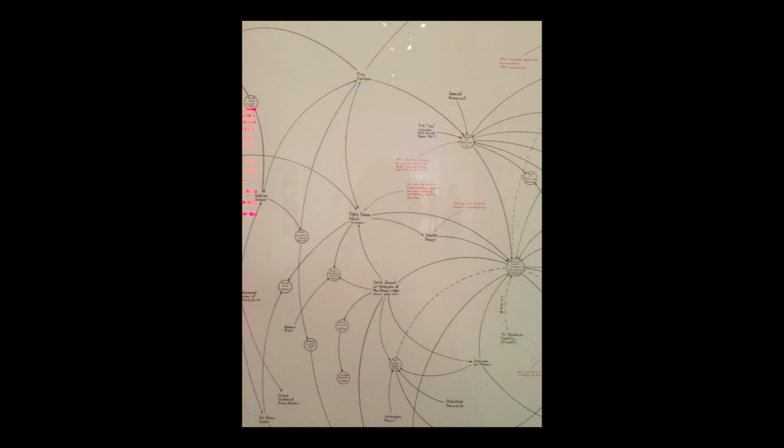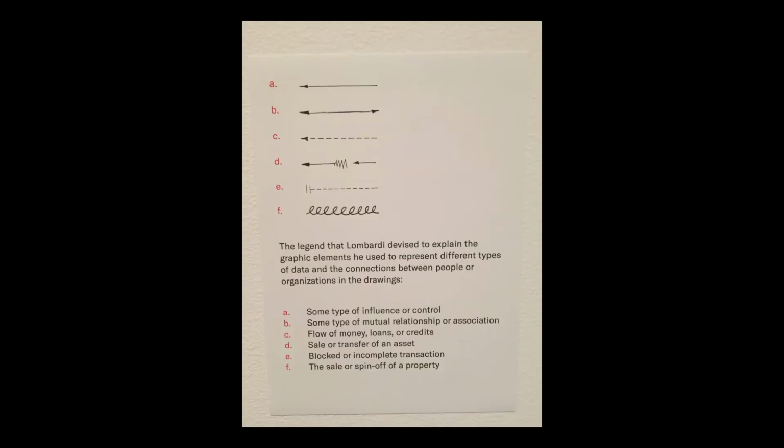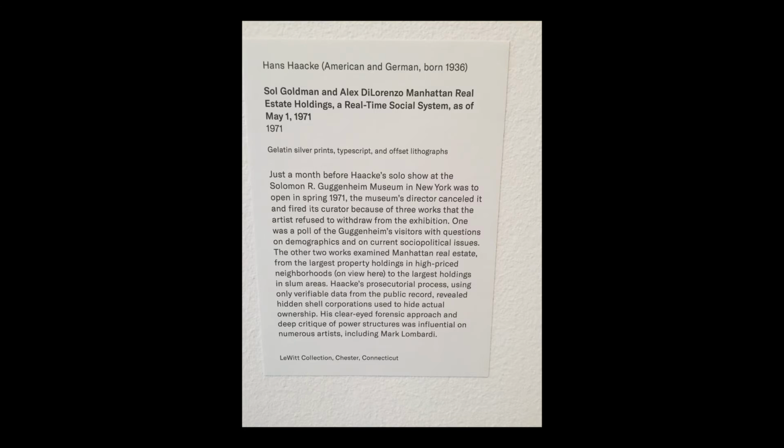I don't know how much you are aware of Mark Lombardi's practice, but his research was basically investigating stories that have been shaping the relationship between corporate and governmental bodies, illicit organizations and crime groups, and he was active in the 70s. He would call them narrative structures.